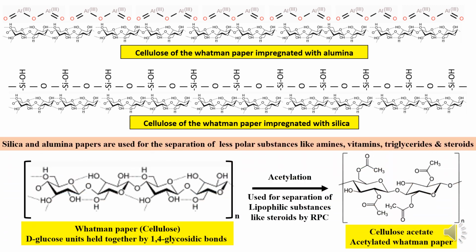Silica and alumina papers prepared in this fashion are used for separation of less polar substances like amines, vitamins, triglycerides and steroids. So polar substances can be separated by using silica and alumina papers because the stationary phase is polar in nature.